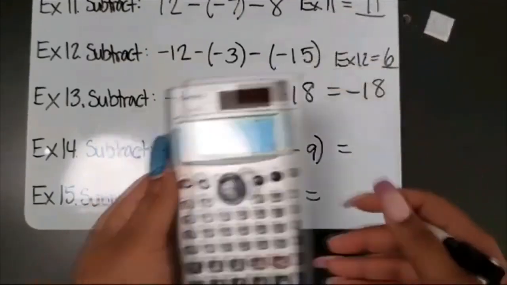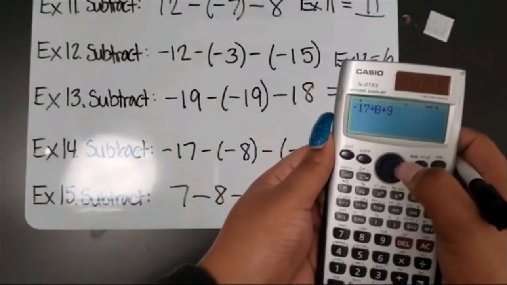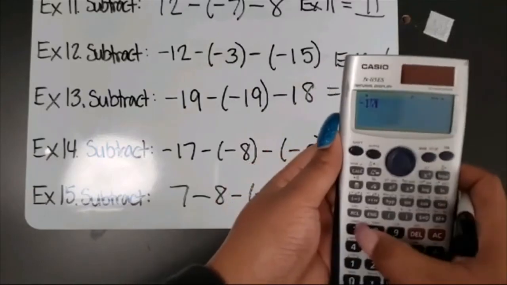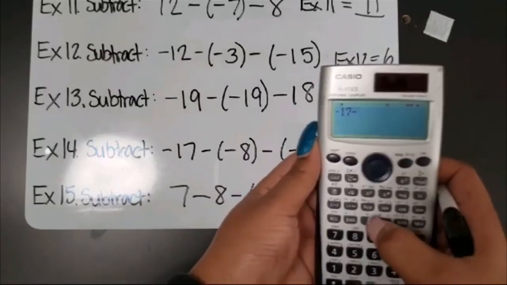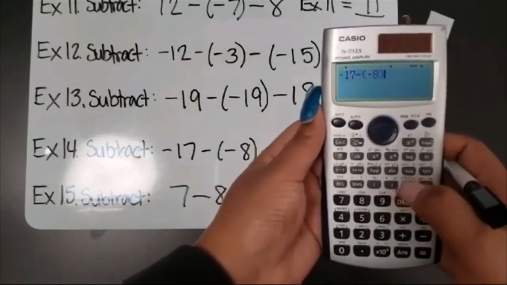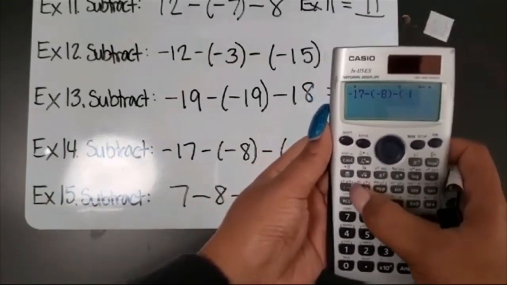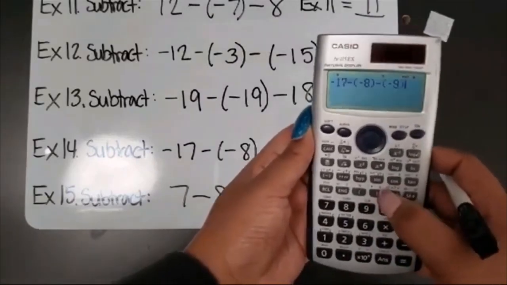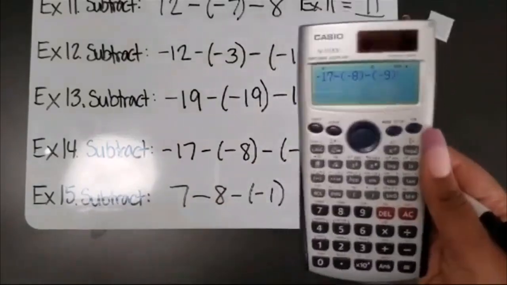Okay. If you are in doubt about that, then let's put those parentheses and all of that in and just make sure. So we have our negative 17 minus open parentheses negative 8, close parentheses, minus open parentheses negative 9, close parentheses. Okay, so as you can see, that was a lot of typing all that in.